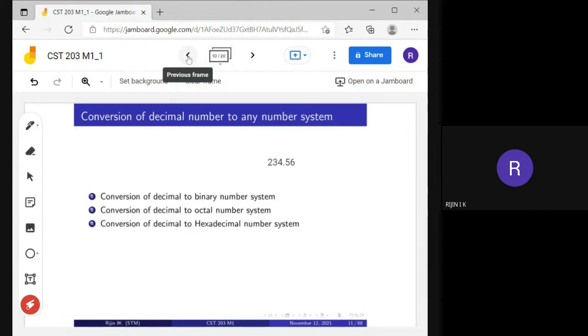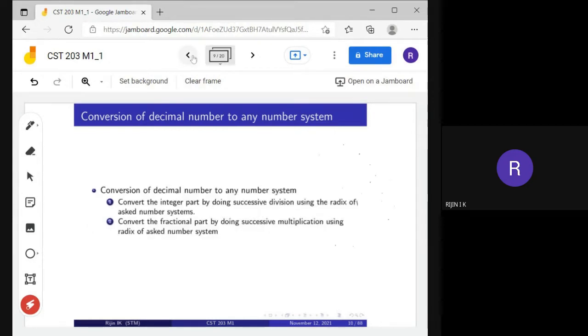There is a general rule for converting a decimal number into any other number system. The first rule is to convert the integer part by doing successive division using the radix of the asked number system.